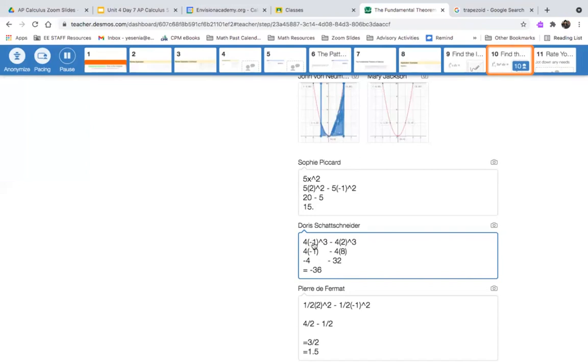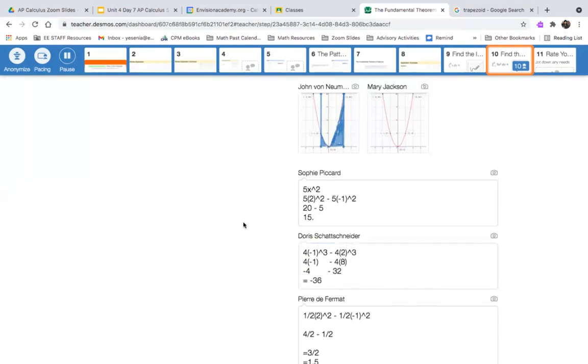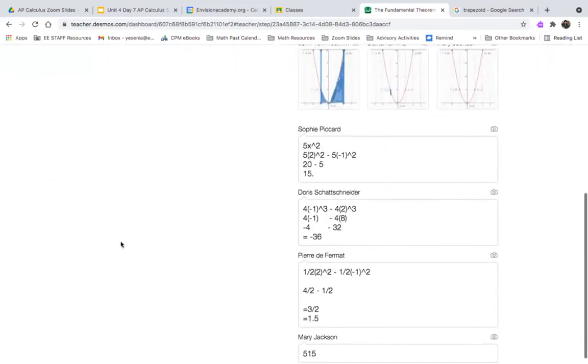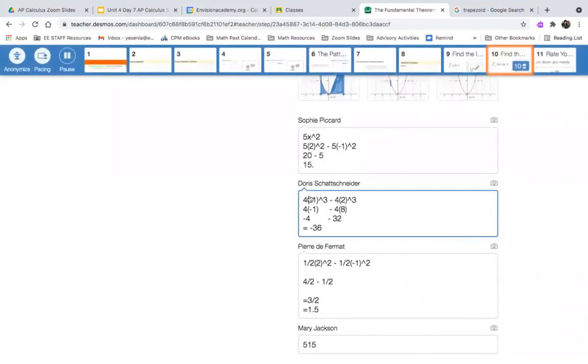And I see that they're plugging in the lower limit and subtracting the upper limit. So remember, for Doris's feedback, you want to plug in the top number first and then subtract the lower number. Top always goes first. So you want to adjust that, because then you're getting a negative area. And thus, the area would be positive for this one.